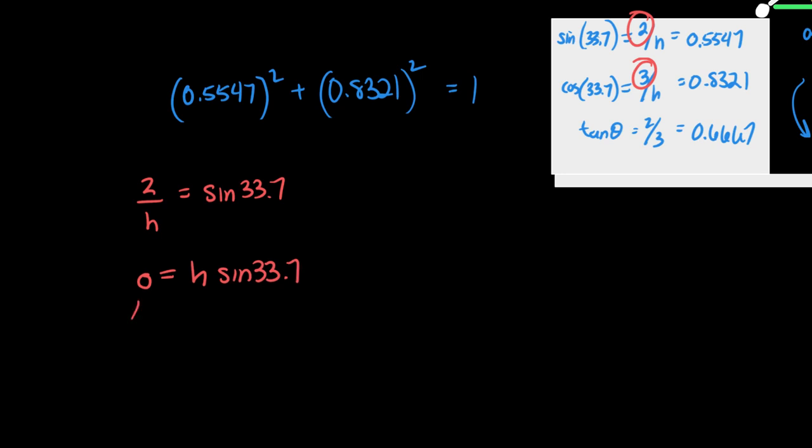I just put the O back in for opposite. Is that okay? 3 over h equals cosine of 33.7. So that means A, adjacent, equals hypotenuse times cosine of 33.7. Okay so far? All right.